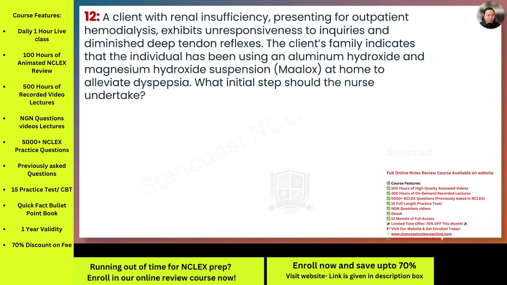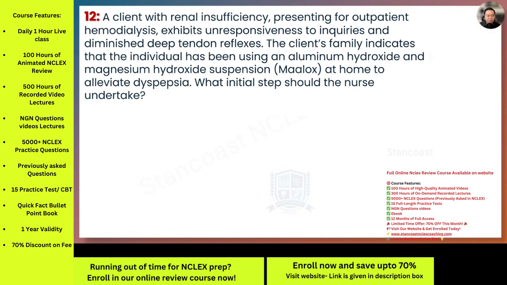12. A client with renal insufficiency presenting for outpatient hemodialysis exhibits unresponsiveness to inquiries and diminished deep tendon reflexes. The client's family indicates that the individual has been using an aluminum hydroxide and magnesium hydroxide suspension, Maalox, at home to alleviate dyspepsia.